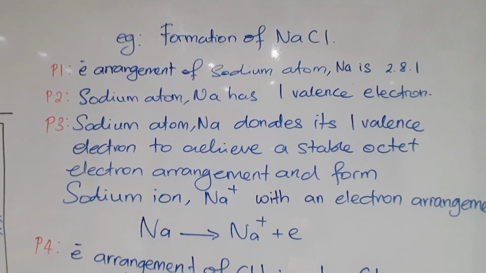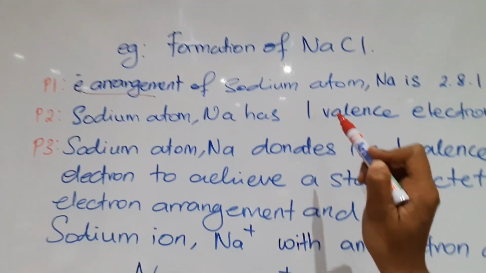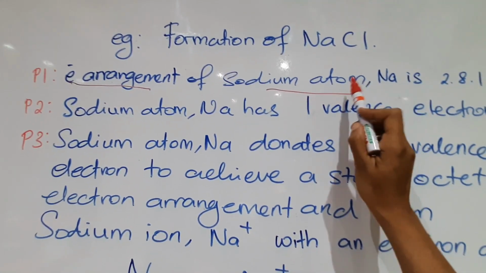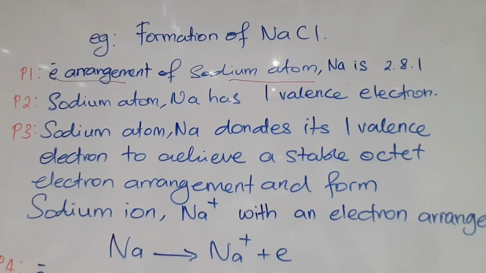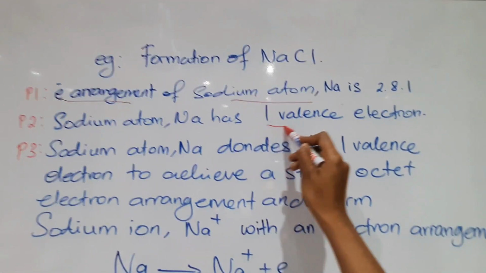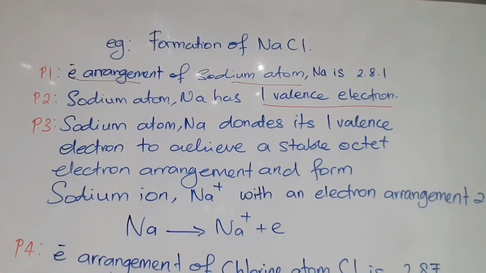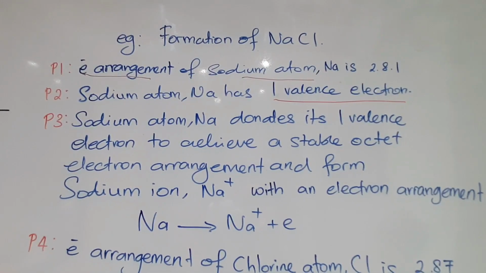Now, I want you to focus here. These are the keywords: electron arrangement of sodium atom. Remember, the word atom is very important. Second point, sodium atom has valence electron. For metal we are focusing on valence electron. They are going to donate their valence electron.